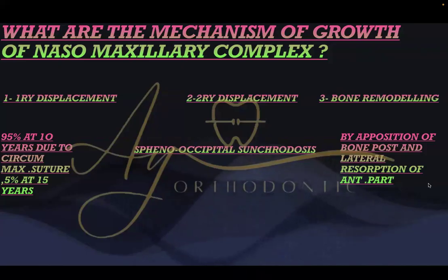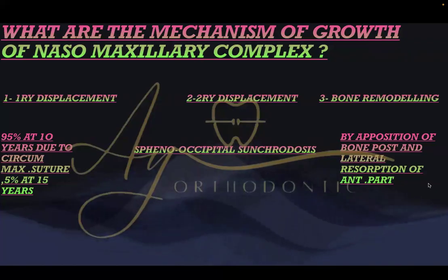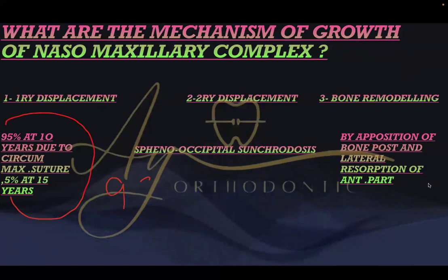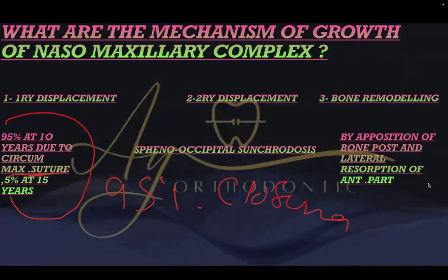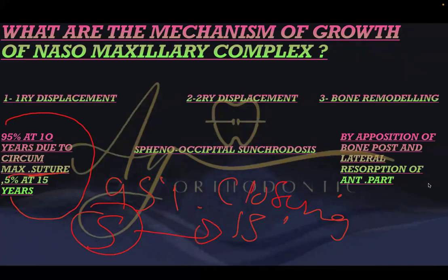Rahim, what is the mechanism of growth of the nasomaxillary complex? Why do I need to start the treatment early, before 10 years old? Because at the age of 10, 95% of the circummaxillary sutures will be closing, and the remaining 5% will close at 15 years old.